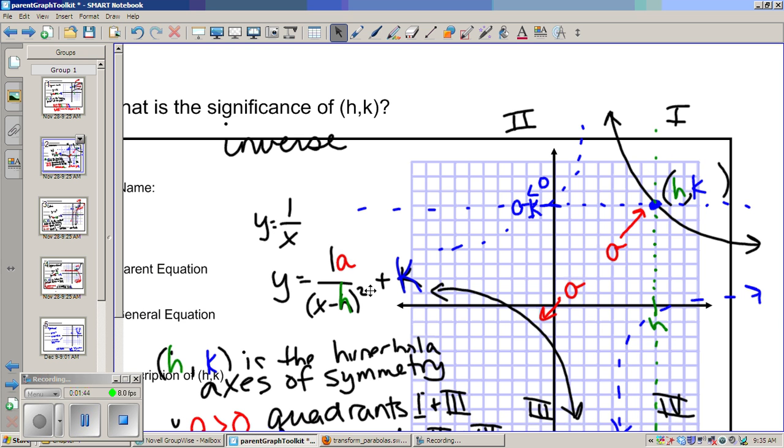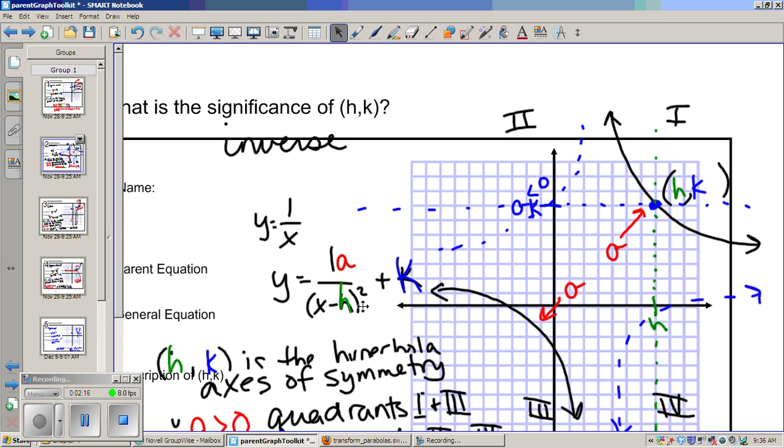But then h and k again transform. h goes left or right, k goes up or down, and this time h and k are defining where those axes are, where that point of turning is. The a value in this case determines how far away from the center point those curves are.